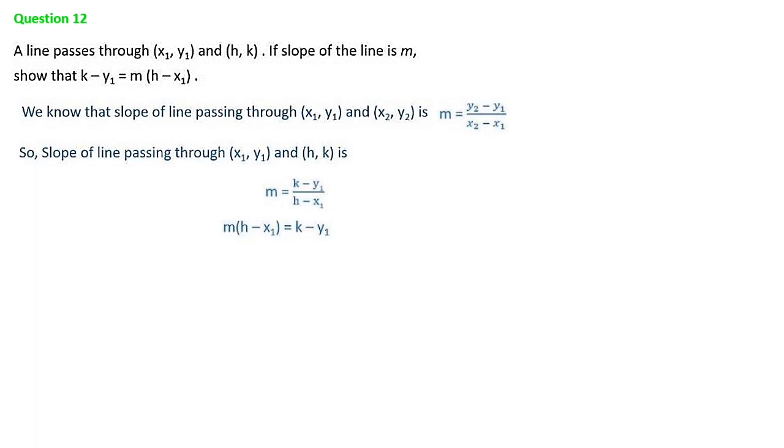Then we can just do cross multiplication: m into h minus x1 equal to k minus y1. So you see here k minus y1 equal to m into h minus x1. This is what we have to prove. Since k minus y1 is on the right side, we can just reverse it, that's all. k minus y1 is equal to m into h minus x1.